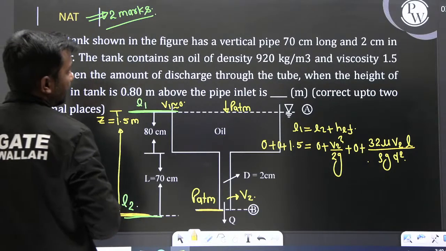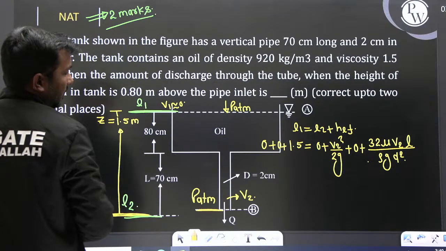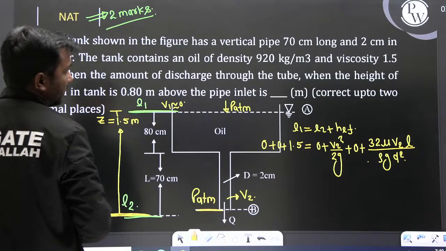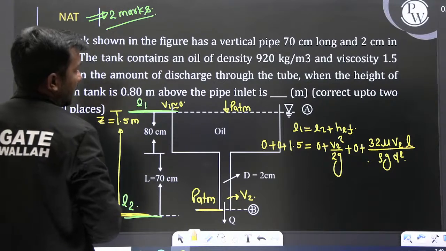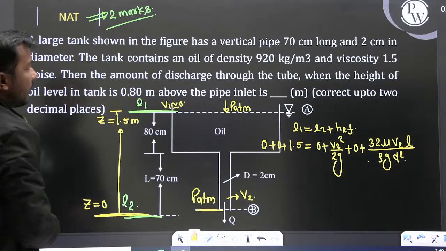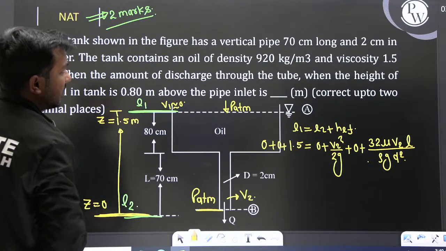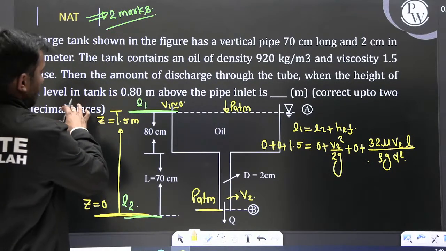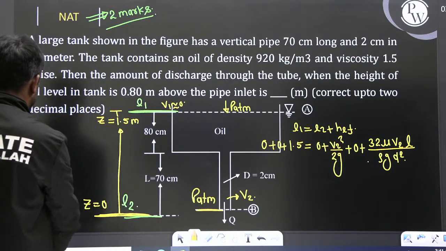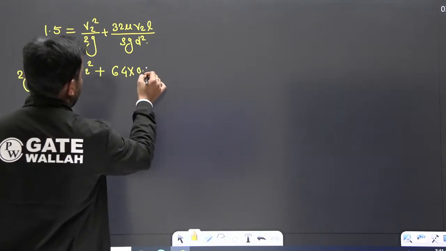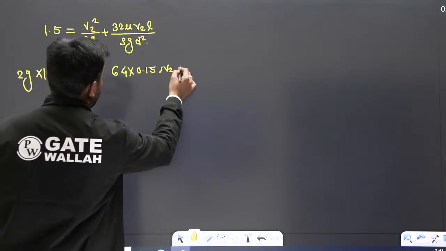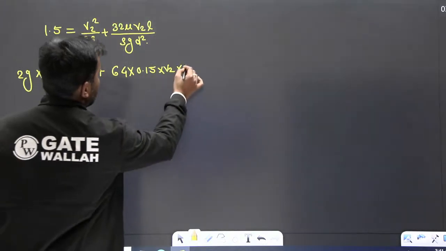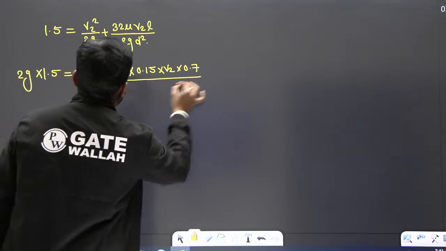What about the mu? The dynamic viscosity is given as 1.5 poise, so that is 0.15. The length is 70 centimeter, that is 0.7, divided by rho.